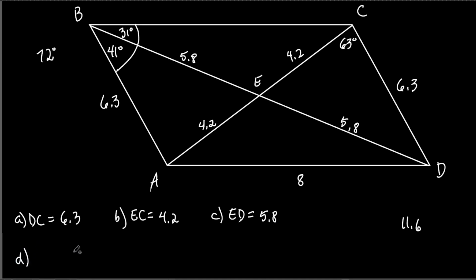And then letter D is angle DAB. So we're finding this whole thing right there. It's 180 minus 72.